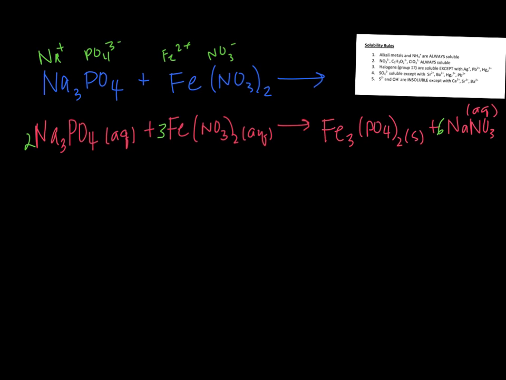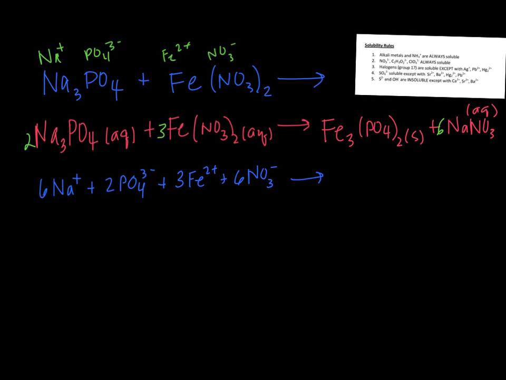So I've got 2 of this whole thing. That means I have 6 sodiums and 2 phosphates. So 6 sodium ions, and I've also got 2 phosphates. And then I have 3 iron 2 nitrates. So that means I have 3 iron 2s, and I have 6 nitrates.